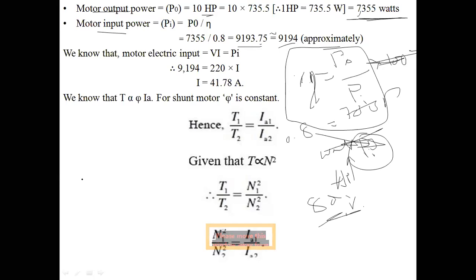But we know the input power is nothing but voltage into current, the general equation of power. If anyone asks what power is, we say that the product of voltage into current gives your power value. By using this equation, we calculate the input current.